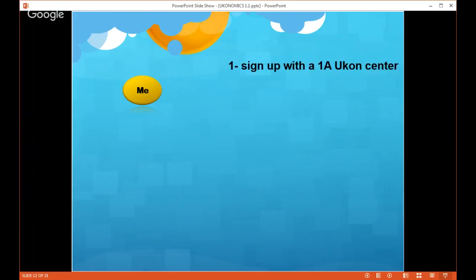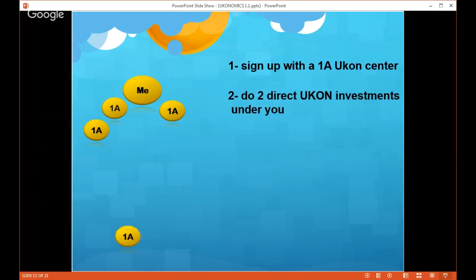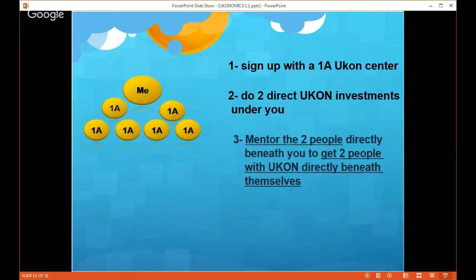First, when you sign up in your Ukon Center, all right, and you bring in 2 investors, right? And then they bring in 2 investors, right?